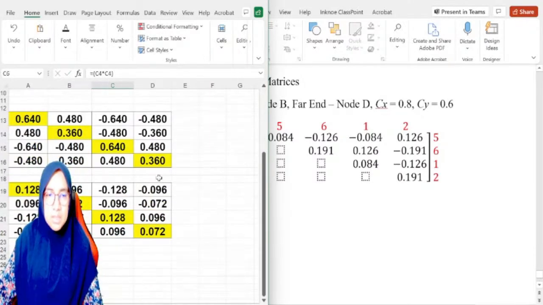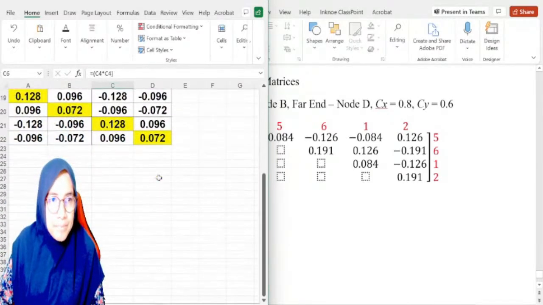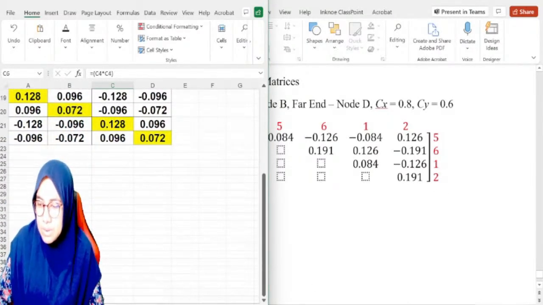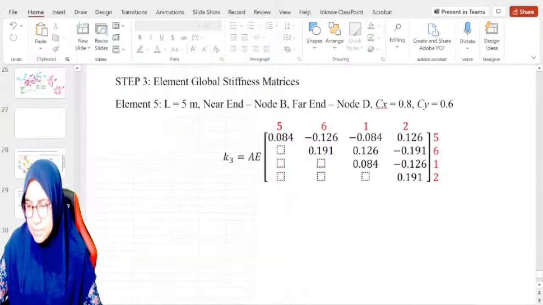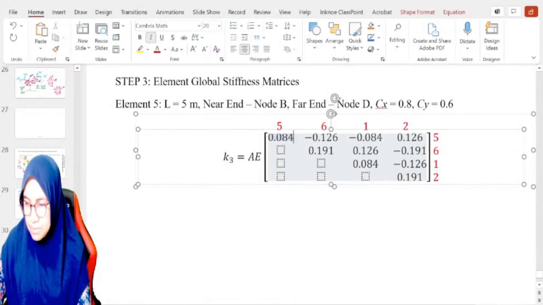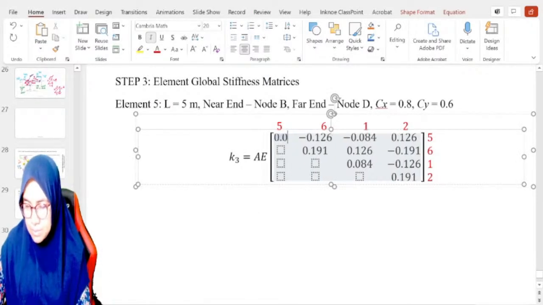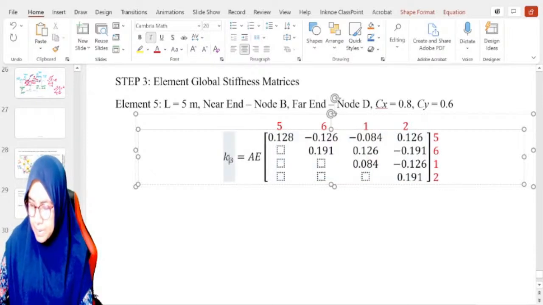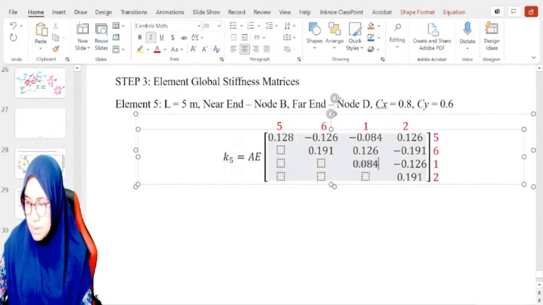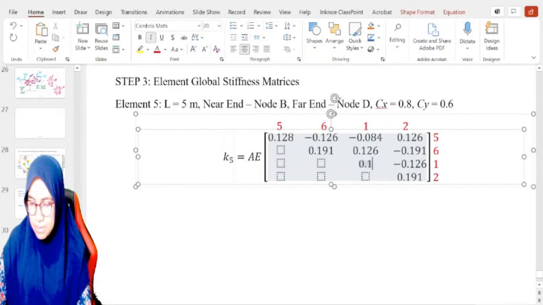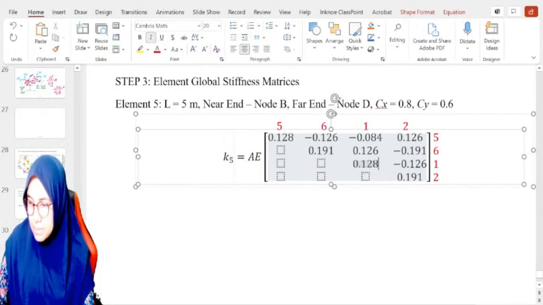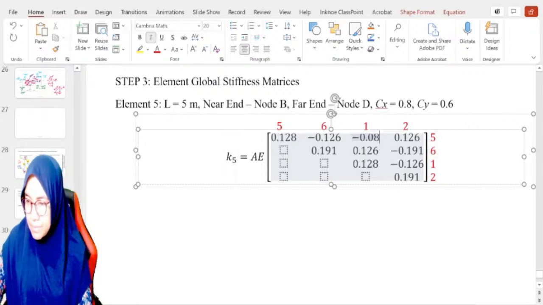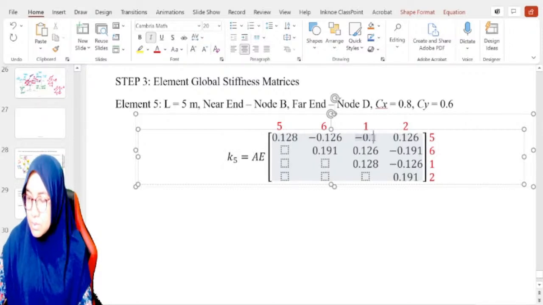So we get this value. It is 0.128. This is K5.